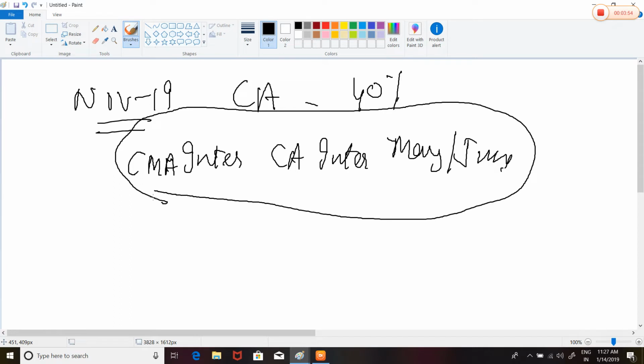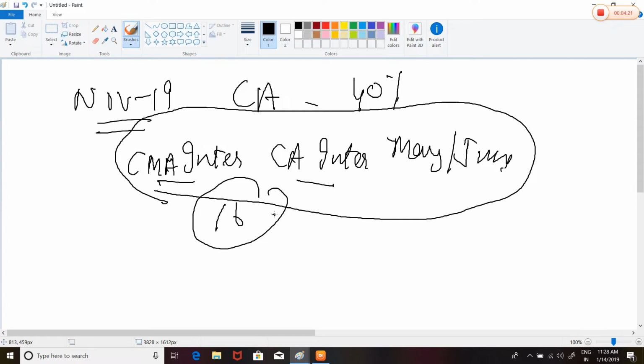Because if you give both groups of CA inter and CMA inter, then you will be giving 16 subjects, and most likely there will be examinations on the same days. So my advice, go for either CMA intermediate or CA intermediate.